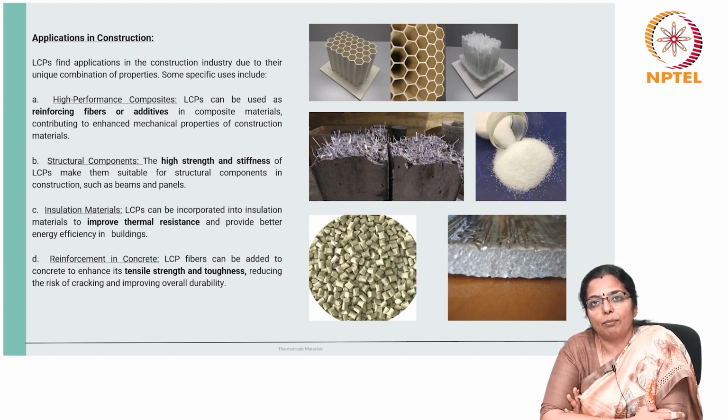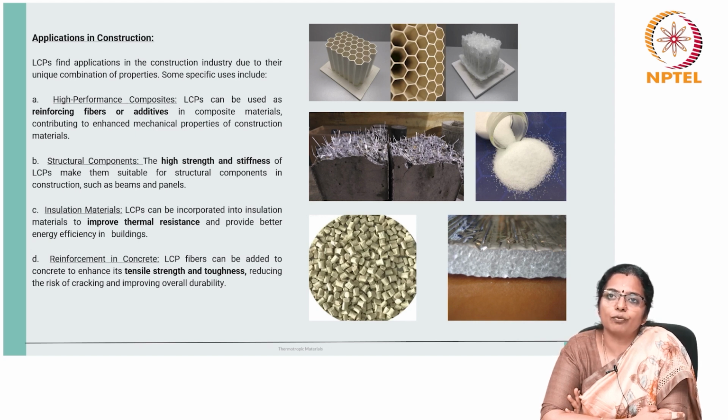When we look at applications in the construction industries, LCPs find applications in the construction industry due to their unique combination of properties. Some specific uses include high performance composites.